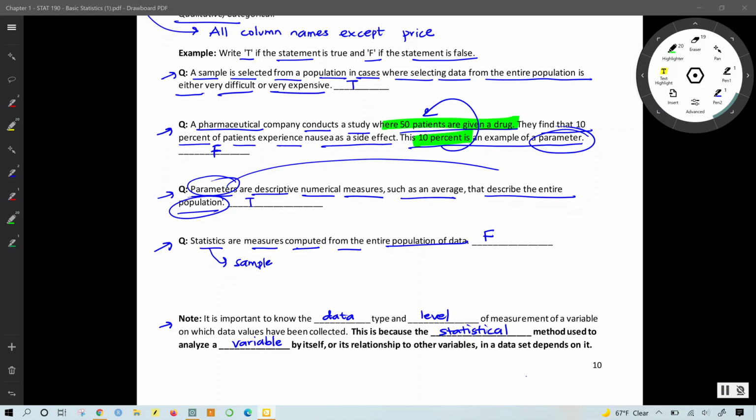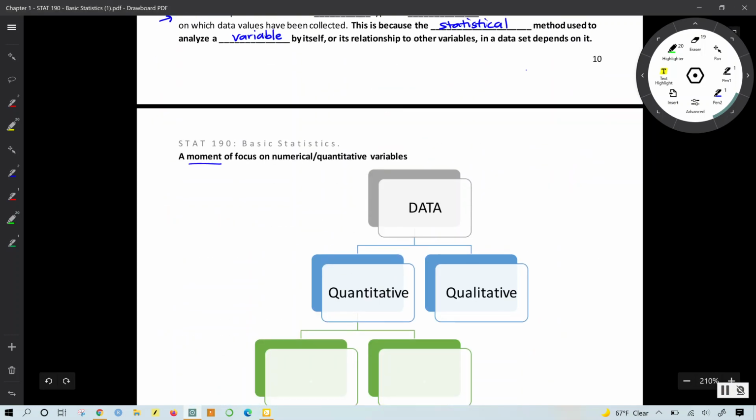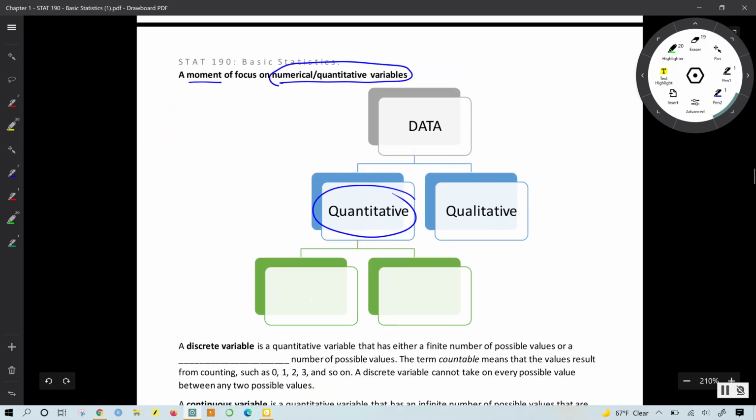With that said, it is now time to do another moment where we would focus more or zoom in on quantitative variables. So as far as data is concerned, we collect variables in data, and that variable can either be quantitative or numerical, or qualitative.